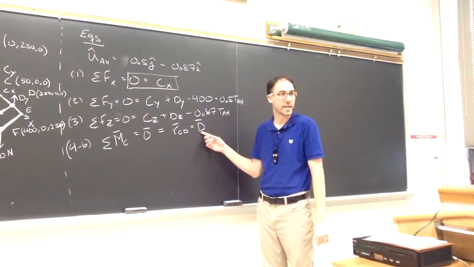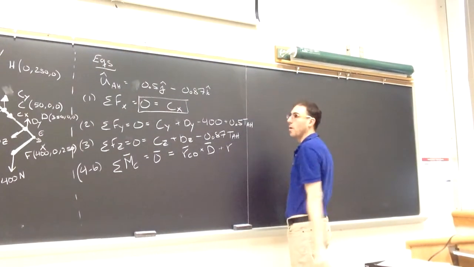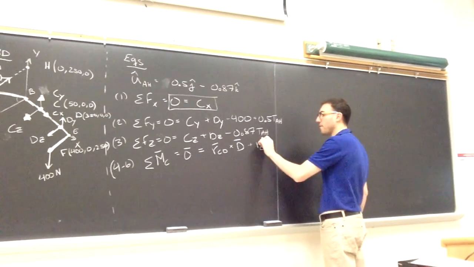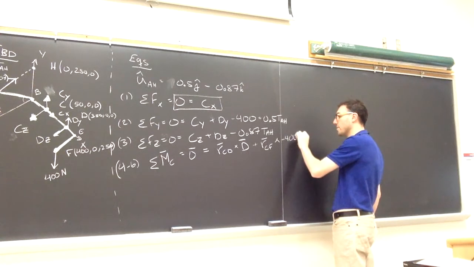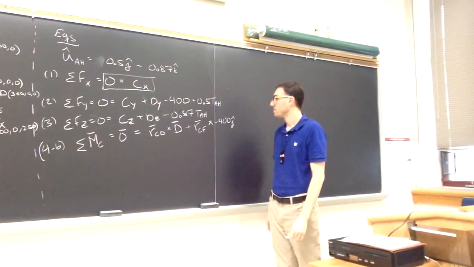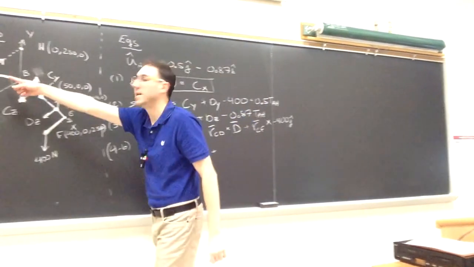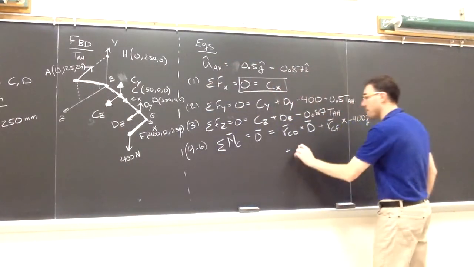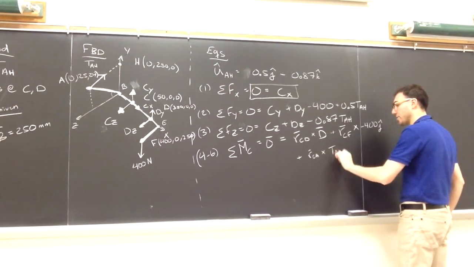I'll just call it D hat for now. RCF crossed with the negative 400 j from that applied load. And there'll be a moment from the tension, which will be RCA crossed with TAH.